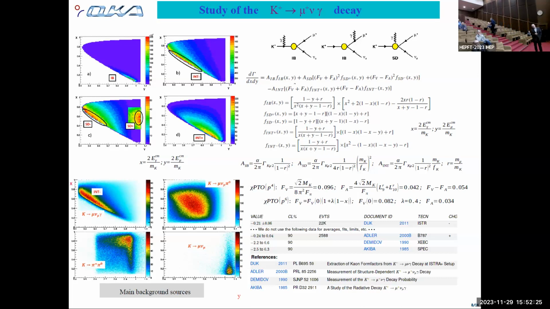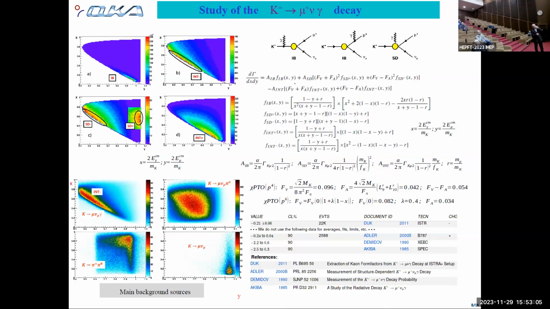Of course, the structure-dependent part is of great interest, because internal Bremsstrahlung does not give you new information about physics. As a result, the density on the Dalitz plot, x and y, which are proportional to the energy of the photon and the energy of the muon in the center of mass of K, has three terms.